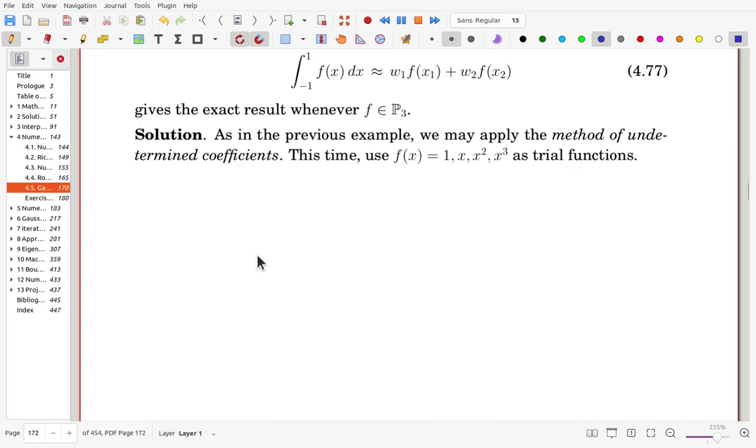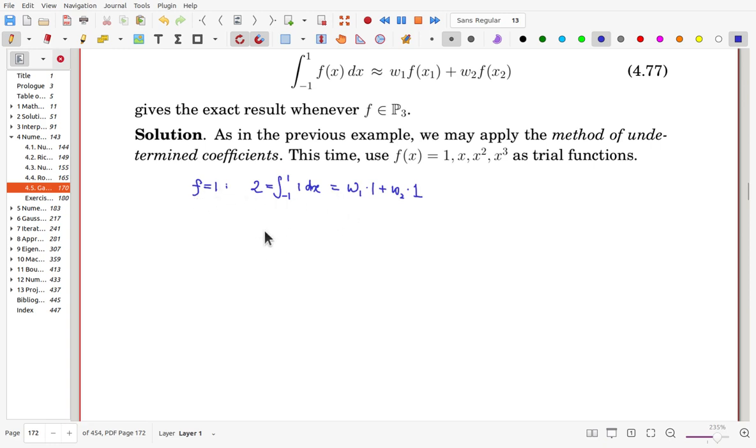Once f is 1, then the integral from minus 1 to 1 of dx must be 2, and that is the same as the right side: w1 times f at x1, which must be 1, plus w2 times f at x2, which must be again 1, because the function is always 1.